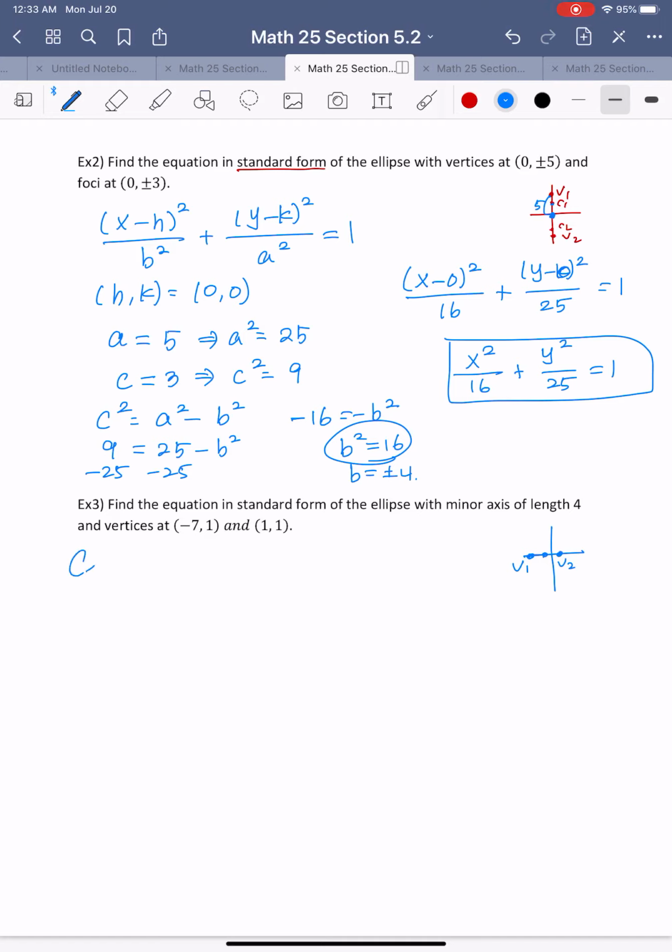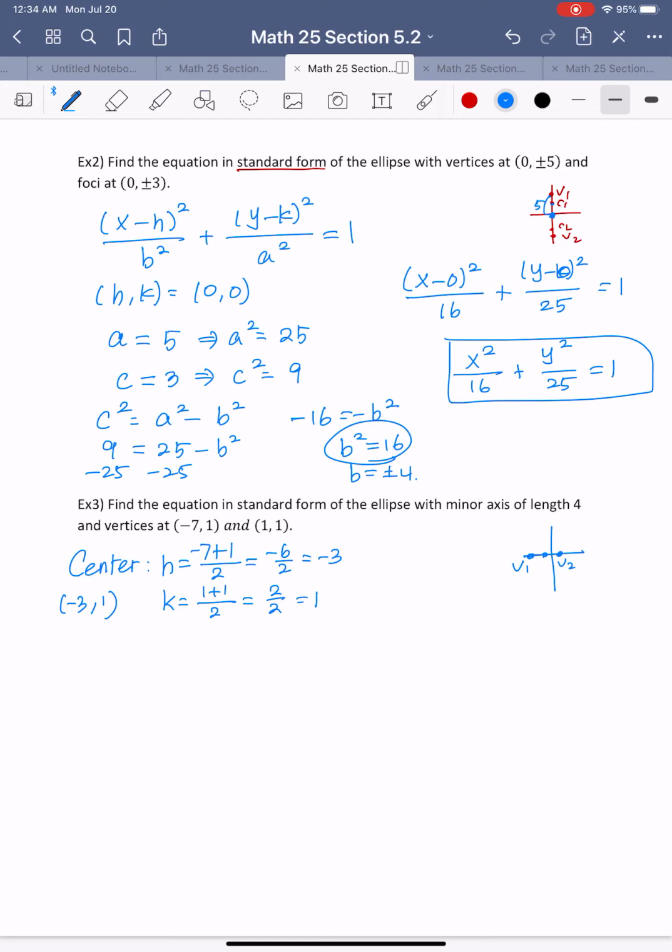So to get the center, I have to use the midpoint from the vertices. So h is adding the two x's together, divided by 2. k is adding the two y's together, and then divided by 2. So the center is negative 3, 1. Those are the h and k.